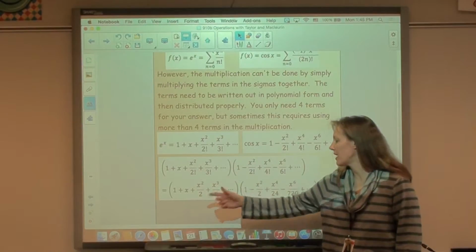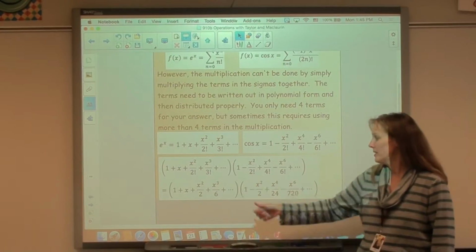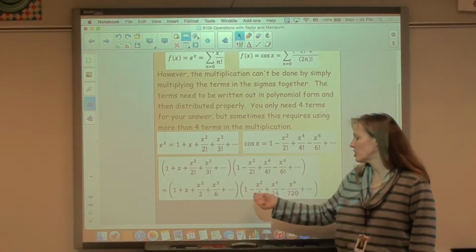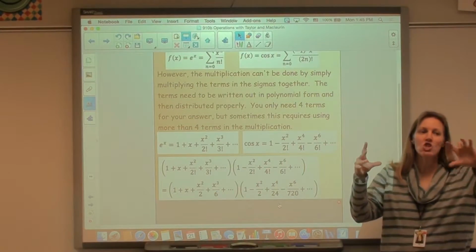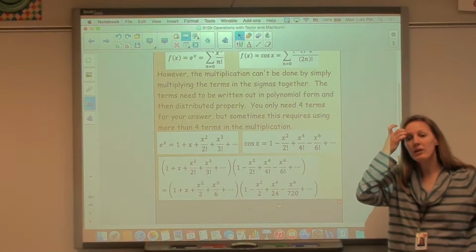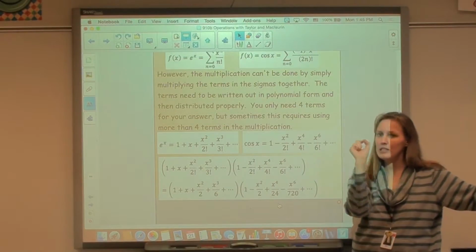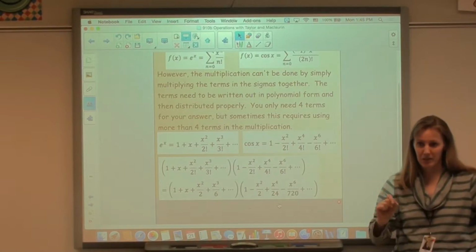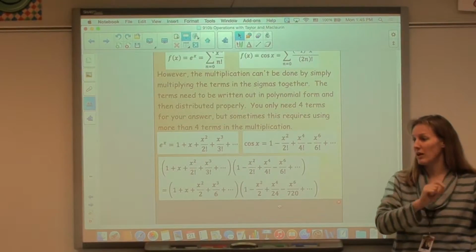And then they took the x and multiplied everything by x. And then they took the x squared over 2 and multiplied everything by x squared over 2, right? And then they just kept going, and it was this giant list of terms. And then they went through, found all the constants, added them together, found all the x terms, added them together, found all the x squareds, added them together, right?